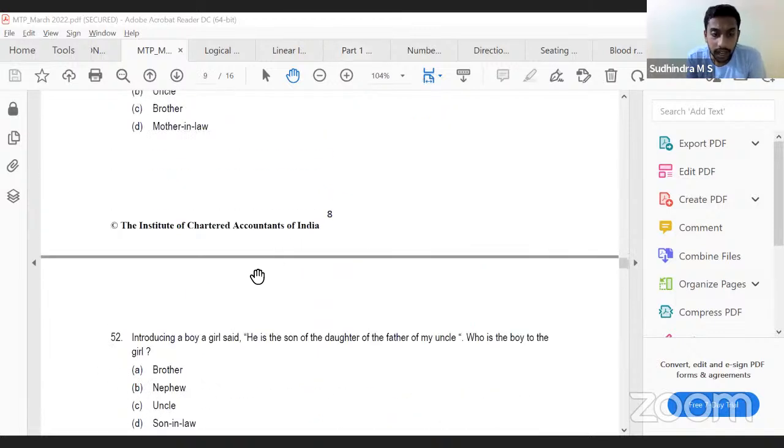Introducing a boy, a girl said, he is the son of the daughter of the father of my uncle. Now, who is the boy to the girl? Break that sentence, start from the last. Uncle, so the girl's uncle.